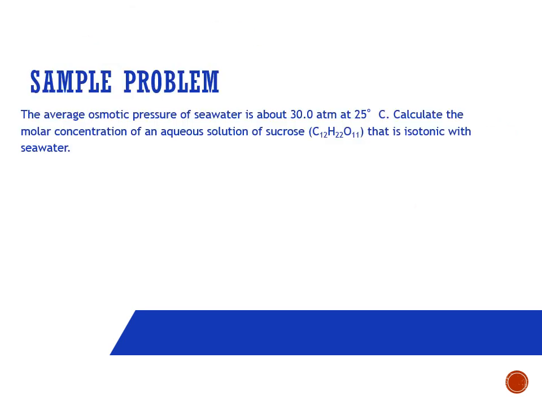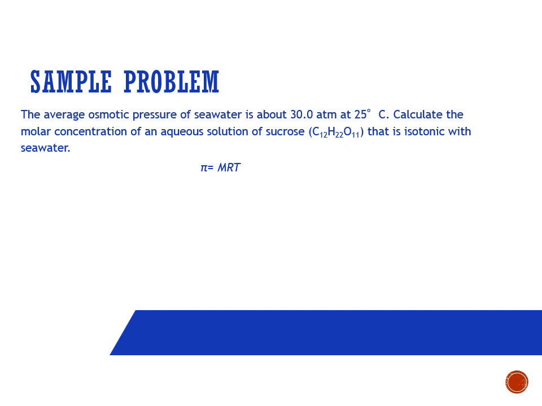So, sample problem. The average osmotic pressure of seawater is about 30 atmosphere at 25 degrees Celsius. Calculate the molar concentration of an aqueous solution of sucrose that is isotonic with seawater.